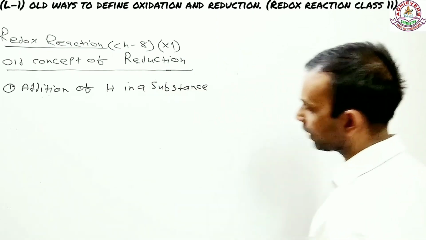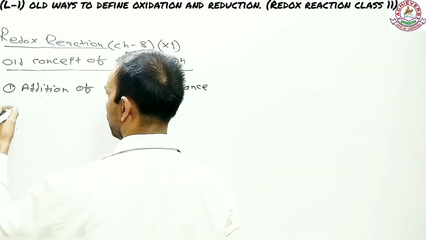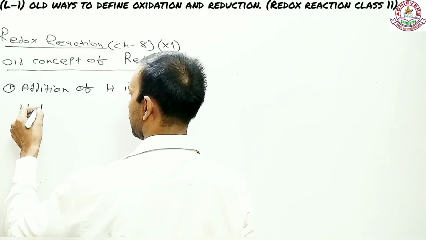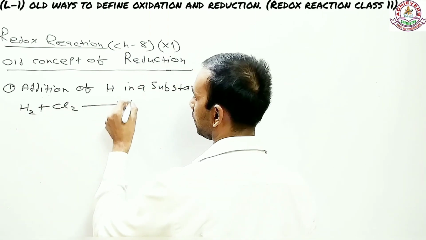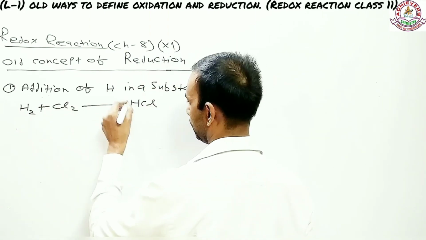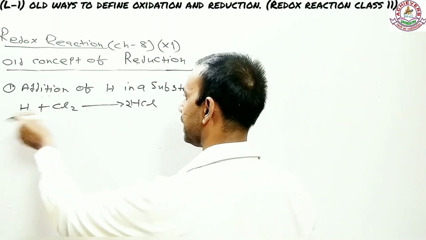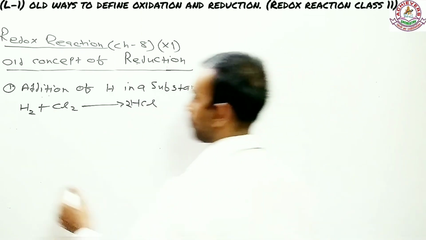There are so many examples, but let's take an example. Hydrogen, when it reacts with chlorine, forms HCl molecule. So what you see is that chlorine is undergoing addition of hydrogen. So this is also an example of reduction reaction.